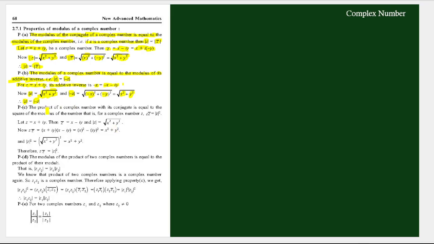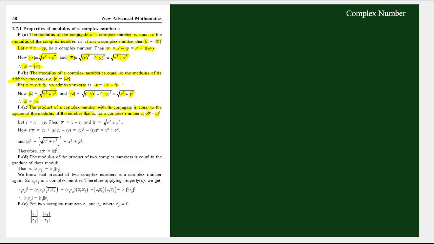Now let's come to the product z into z conjugate. The product of a complex number with its conjugate is equal to the square of the modulus of the number, that is, for a complex number z and z conjugate, if you multiply, then we will get modulus of z square.